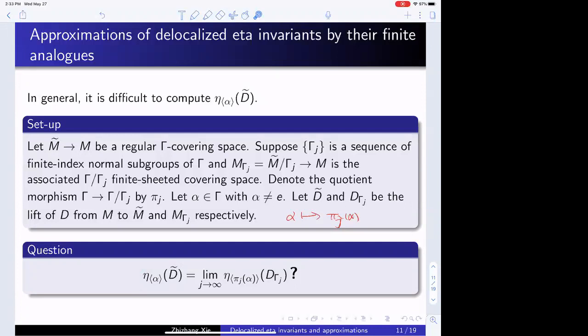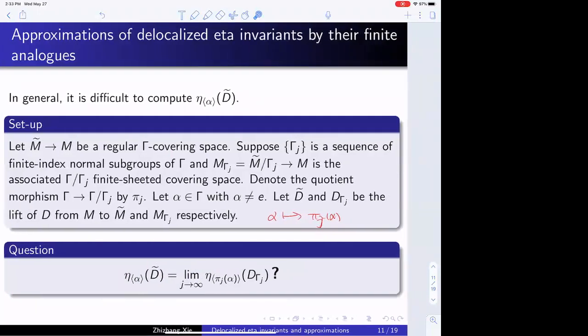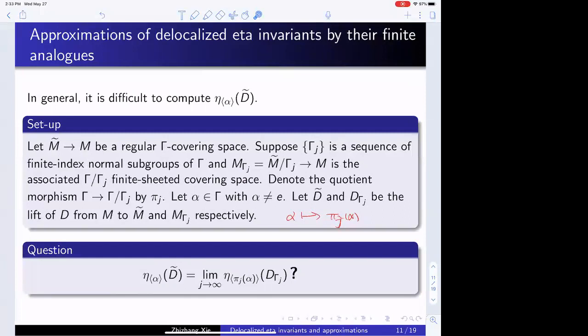That's the main question of this talk: how can we approximate the delocalized eta invariant on a big cover by some finite analogues? In our paper, we proved a list of results giving various sufficient conditions under which this equality holds.